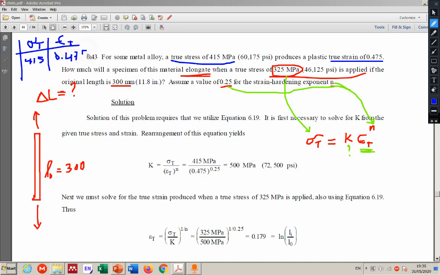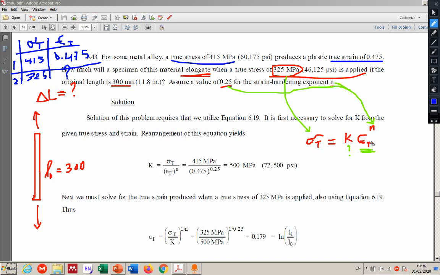There is another case given, where I have 325 but I don't know the strain, so I cannot use it with this one. I have to use them the way they are. So this one with this one I can use, because they correspond to each other. They are related to each other. Then I'm going to use those two. As you can see here, this will be rearranged.